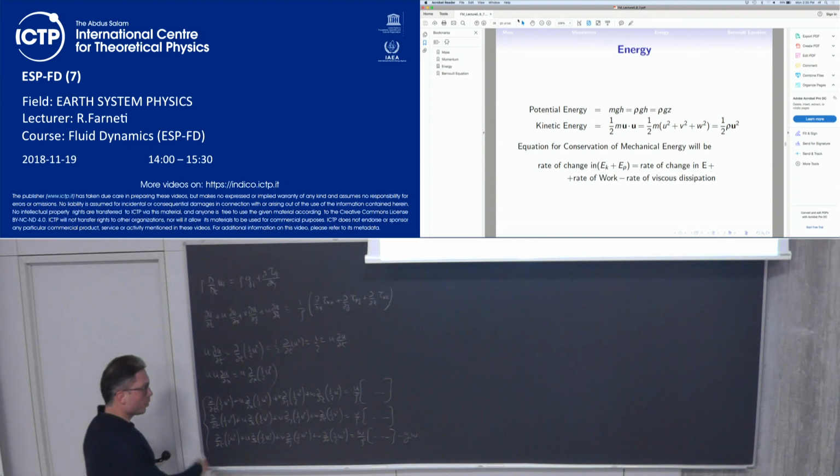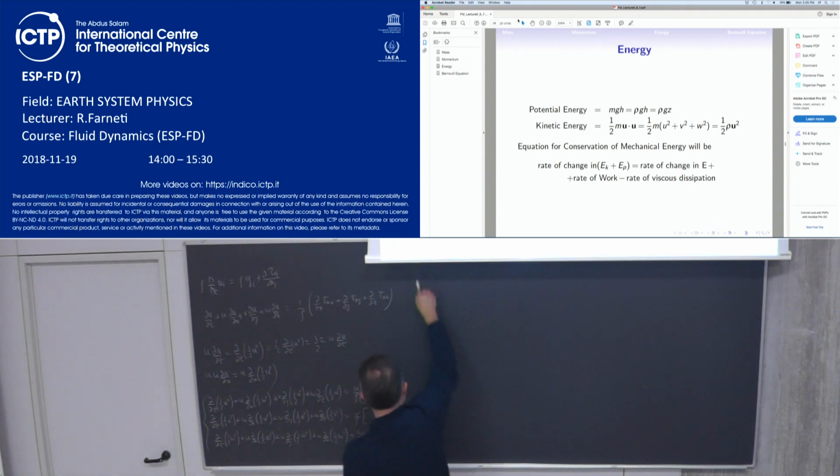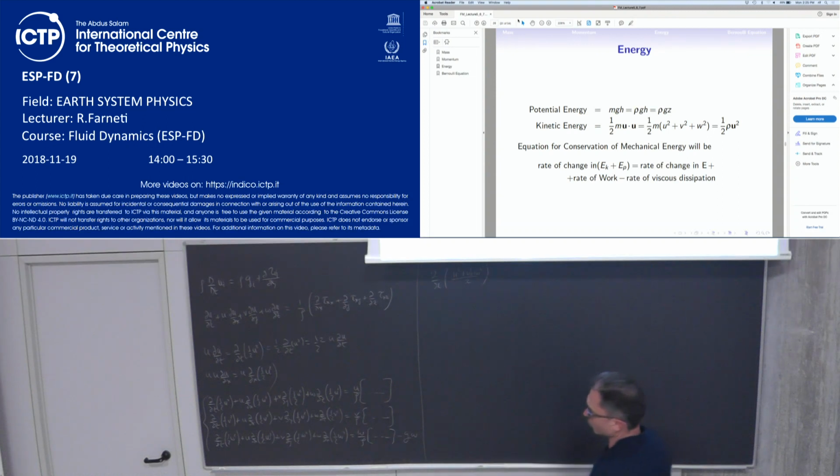So we have multiplied by u, now we can sum over all the i's if you work in tensor notation. So if you sum over all the i's, what do you get?